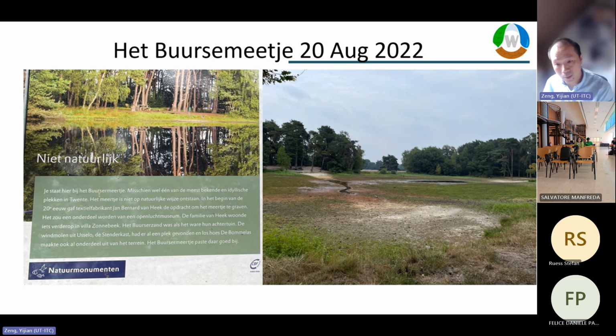From the drought period, the drought impact in terms of the carbon uptake is not easy to visualize, because it is measured by the eddy covariance system.